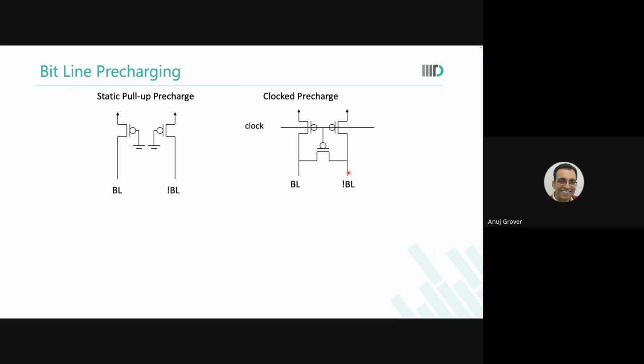Are you getting it? So as a designer, you have to be a control freak. Nothing in your circuit should happen without your knowledge. Are you with me? Because if something is happening without you knowing about it, then the circuit is going to fail for sure. And it is a hugely expensive proposition.